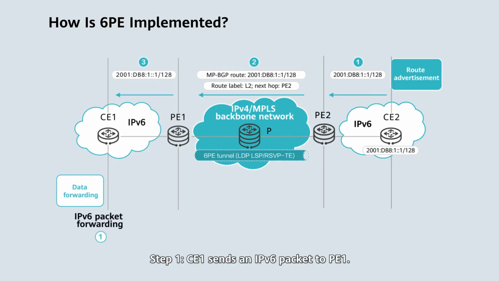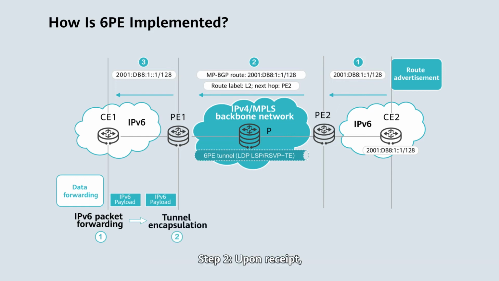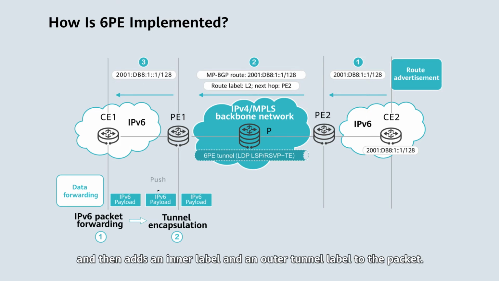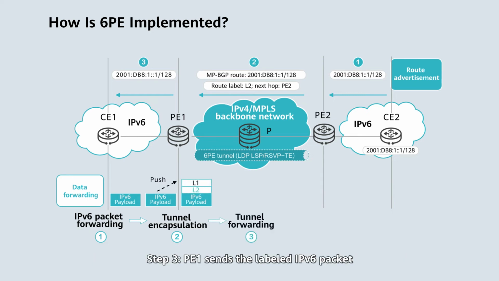Step 1. CE1 sends an IPv6 packet to PE1. Step 2. Upon receipt, PE1 searches its forwarding table based on the destination address of the packet, and then adds an inner label and an outer tunnel label to the packet. Step 3. PE1 sends the labeled IPv6 packet to the P through the public network tunnel.